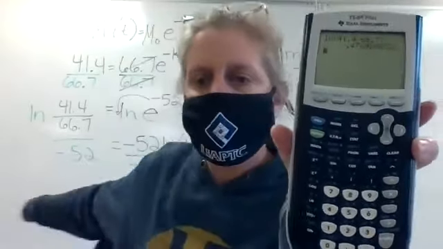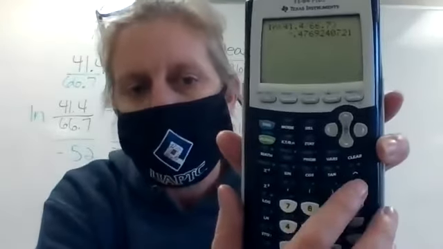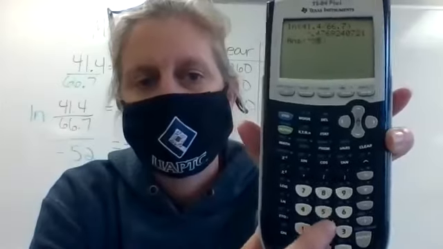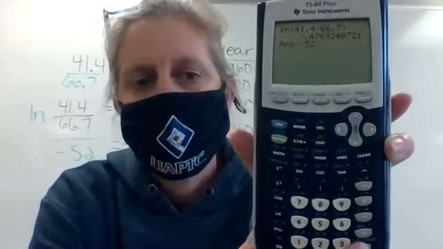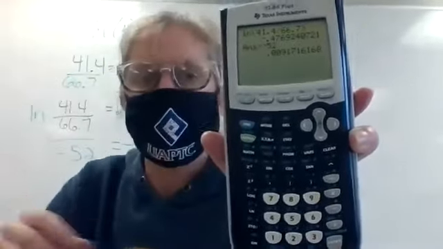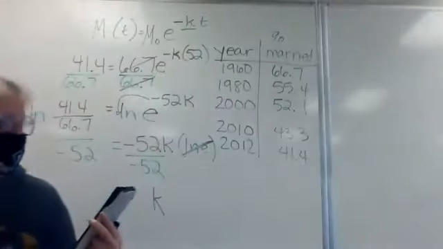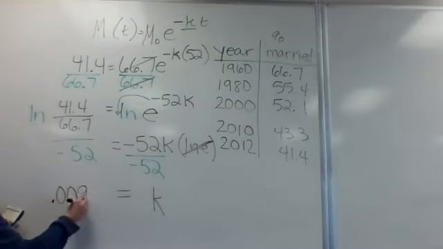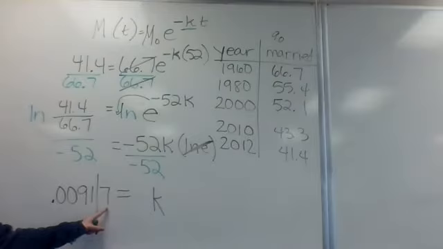After I hit enter, then I'm going to do the divided by negative 52. And I'm rounding to 4 decimal places. So I've got 0.00917. Seven's in the 5th spot, and since it's 5 or above, it's going to round that to 0.0092.